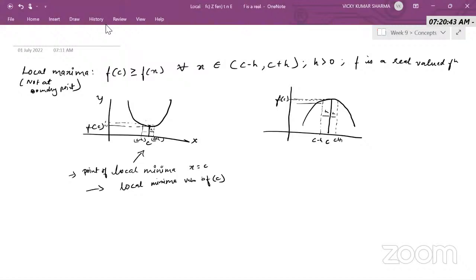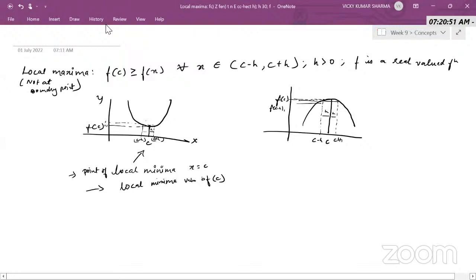So you see that within this interval, the maximum value that I'm getting is f of C. That is why it is called local maxima at C, right? So f of C is the local maxima value at C.